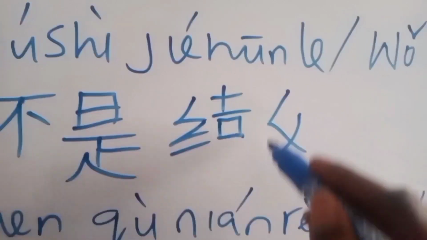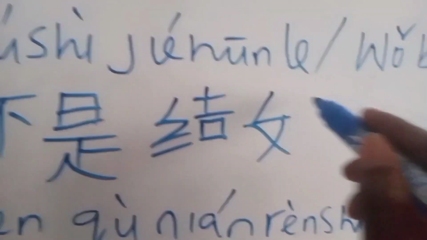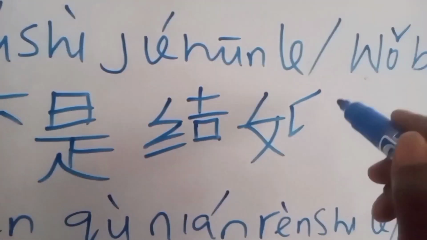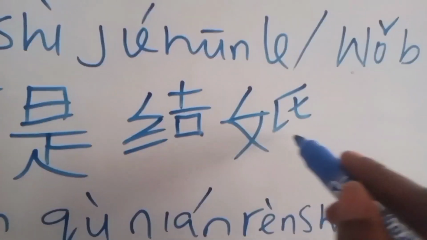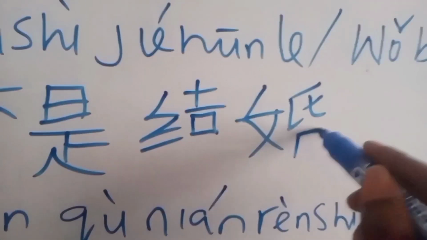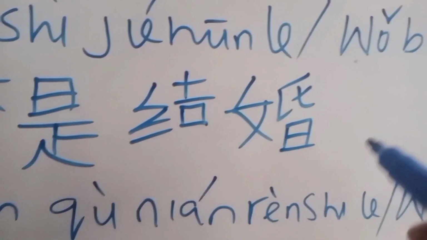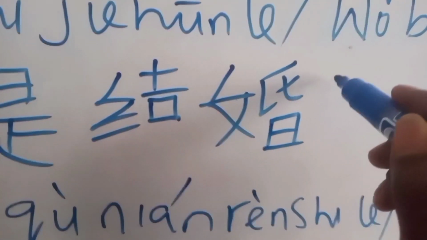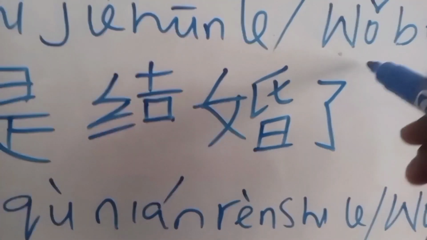结婚. This is the new radical. Do like this, like this, and this is r. 结婚了, and this is la.